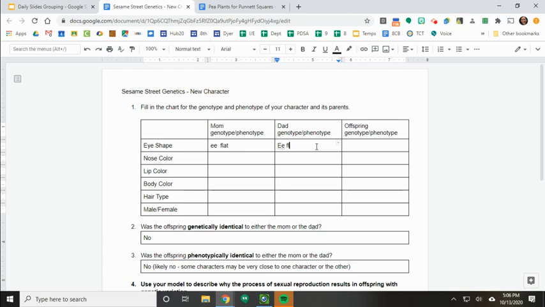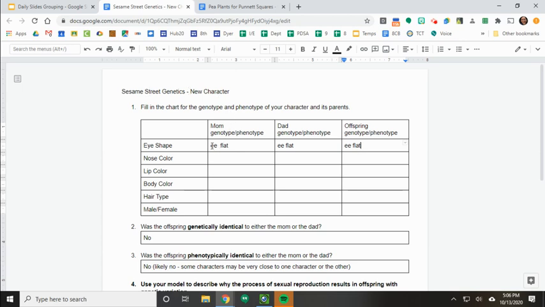That's flat. Again, autocorrect happens here, so check that. And then for the offspring, 2 little e's, flat. Okay, so this is how I'm going to fill out this part of my Sesame Street Genetics new character worksheet.